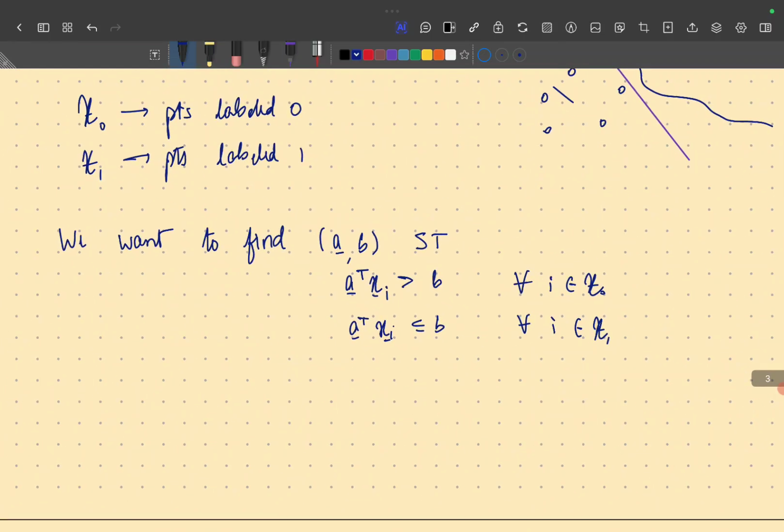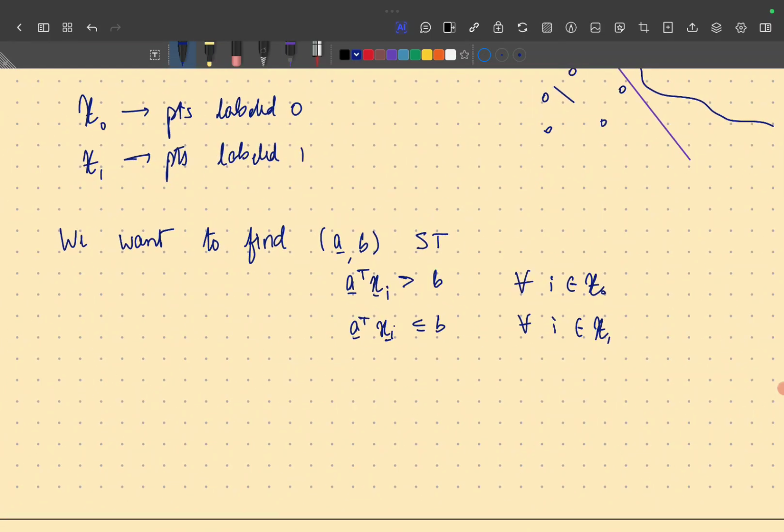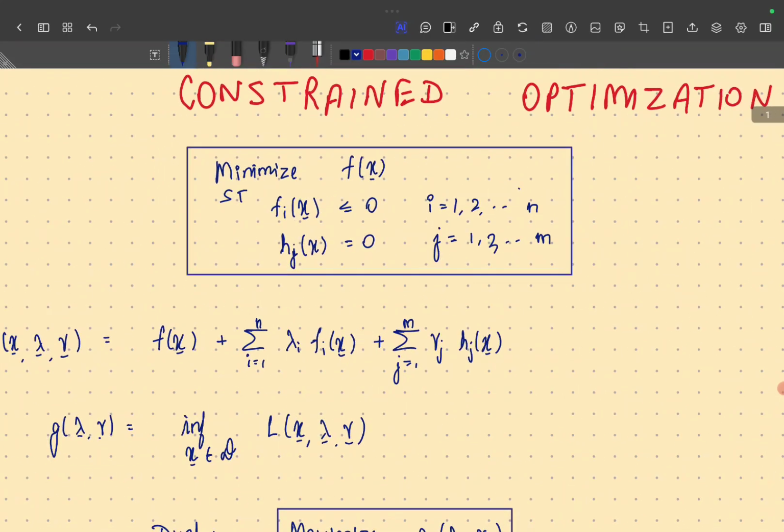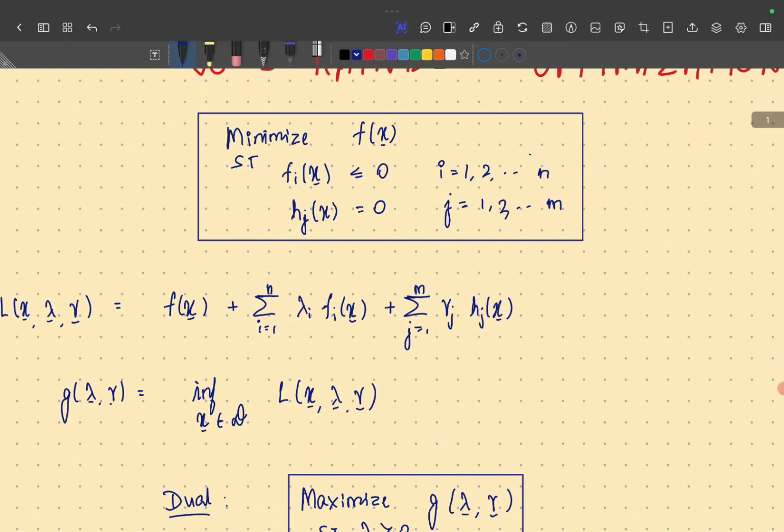Okay, is the problem clear? Great. So how do you frame this as an optimization problem in the standard form? Because if we can do so, then we can use other techniques to solve it.